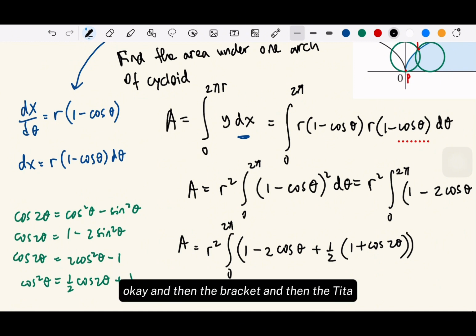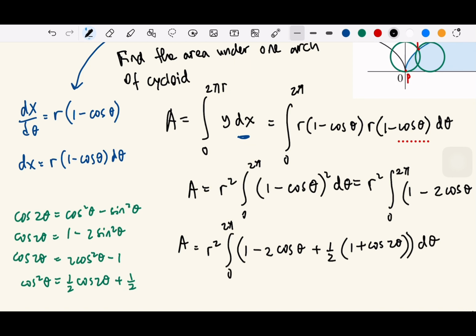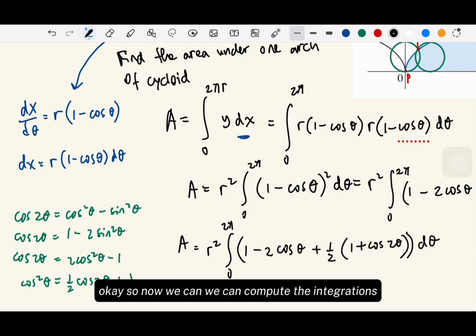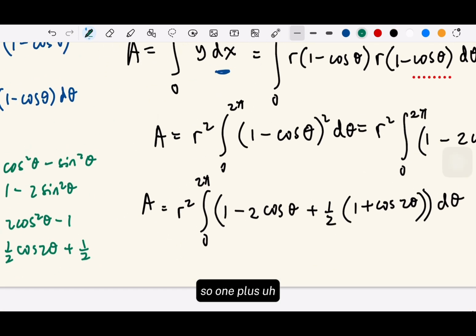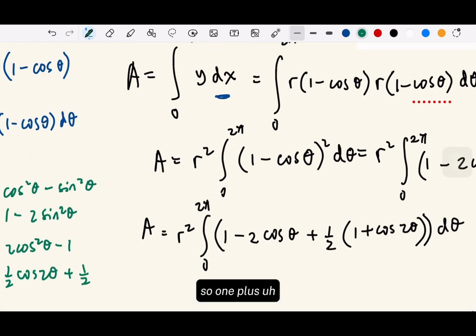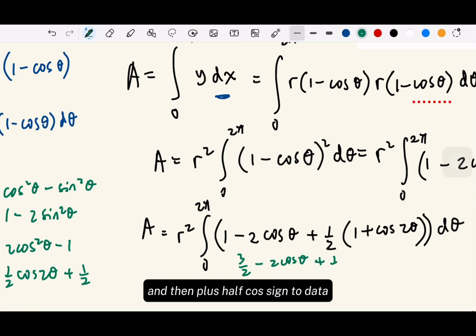Then another bracket, and then d theta. Now we can compute the integrations. So 1 plus 1 over 2 is 3 over 2. So minus 2 cosine theta, and then plus half cosine 2 theta.